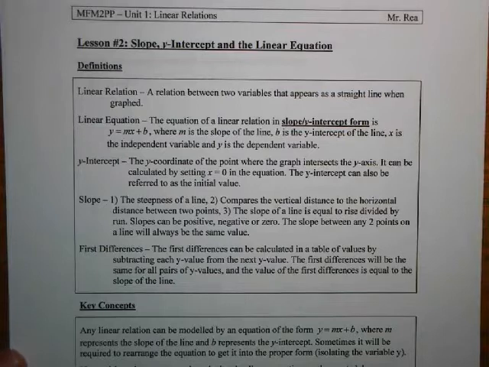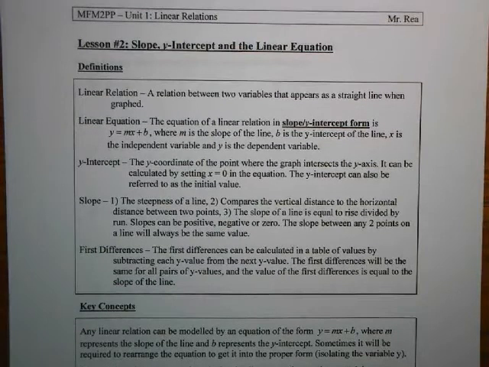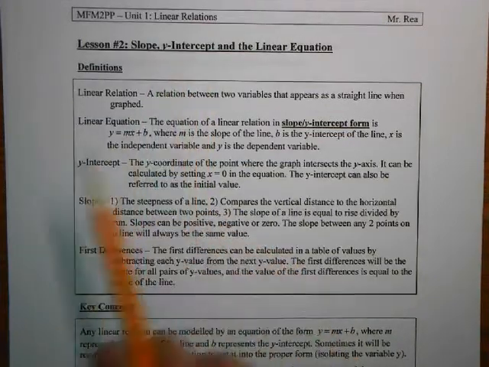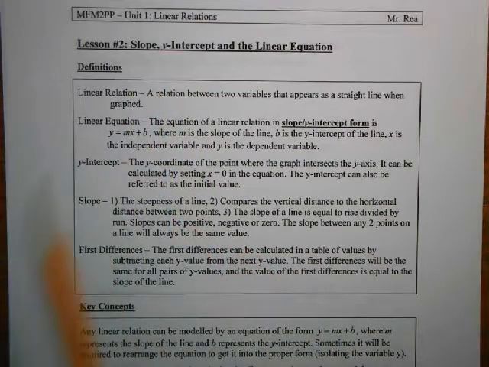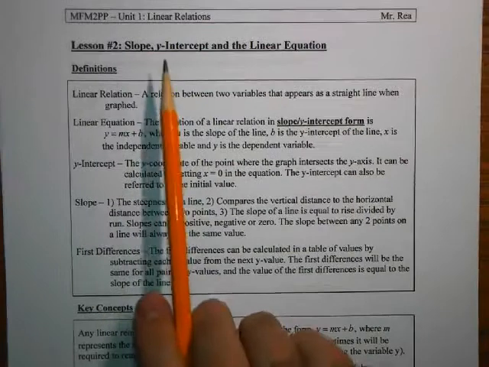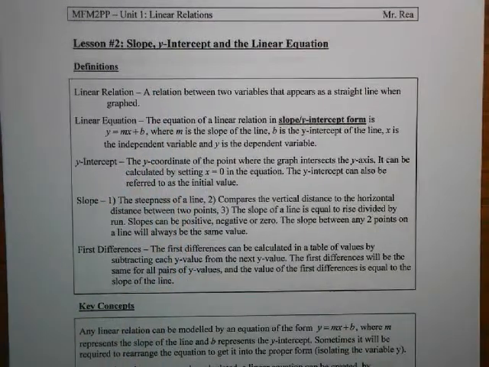Okay. Today we're diving a little deeper into the equation of the linear relation, and more specifically, we're going to be talking about the slope of the line and the y-intercept, and how we actually use those two values to create the equation.